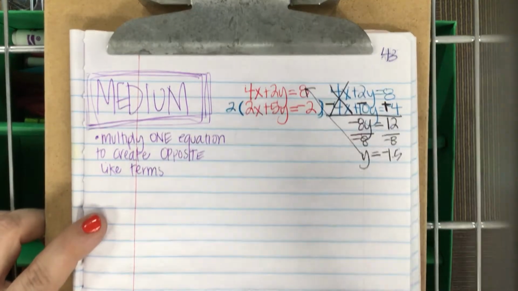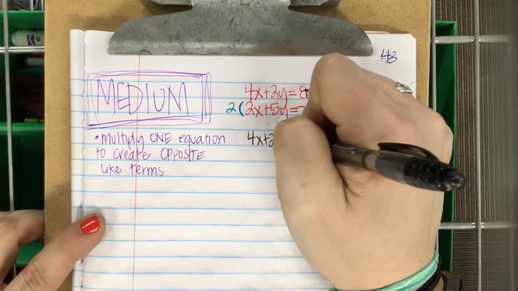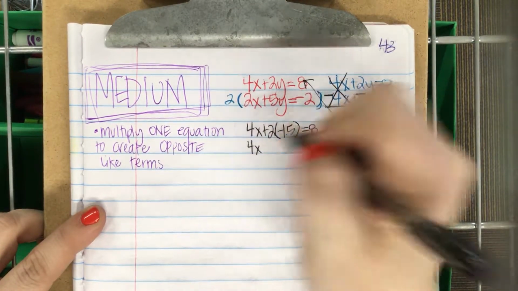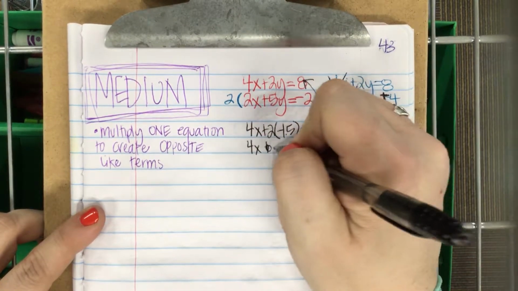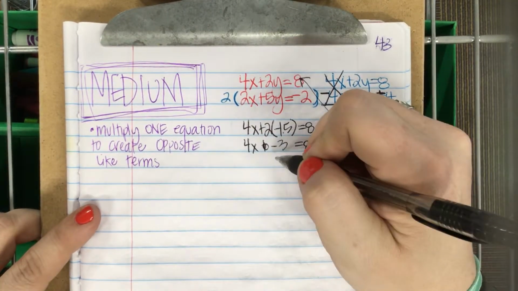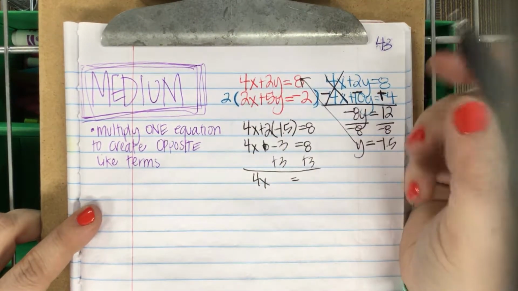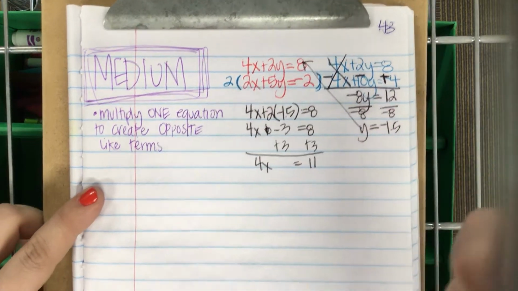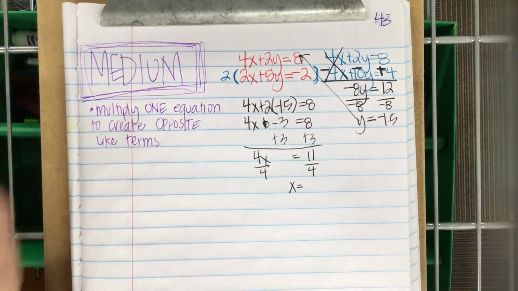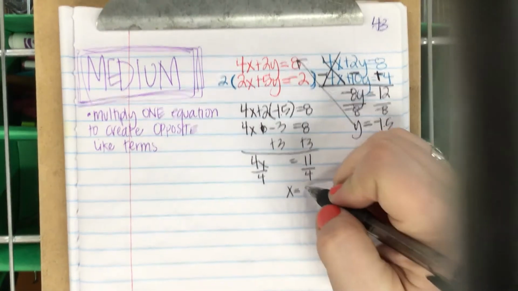Put it into the top equation. 4x plus 2 times negative 1.5 equals 8. 4x minus 3 equals 8. 4x equals 11. What does x equal? 2.75.